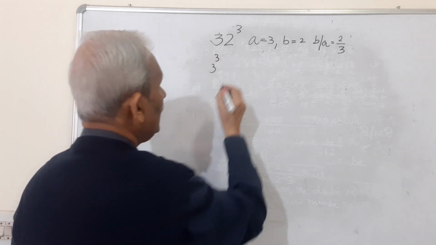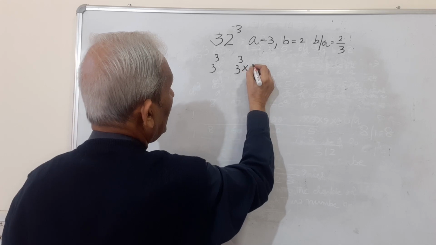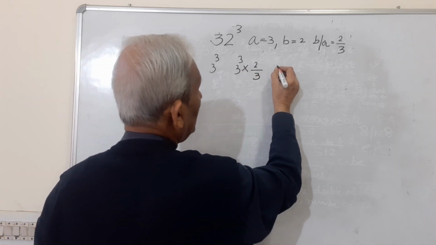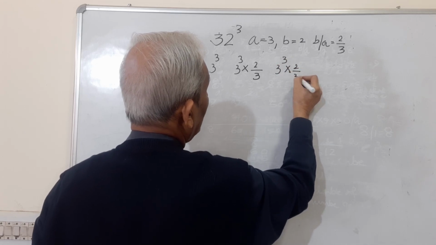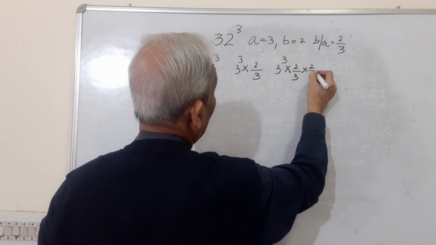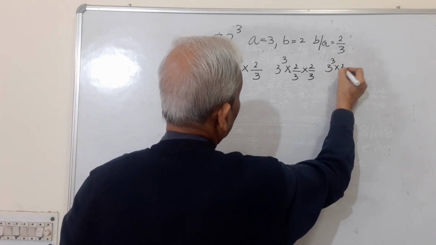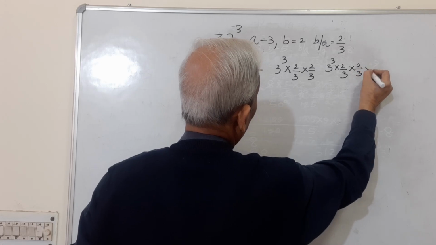Then 3 cube into b by a, 2 by 3. Then 3 cube into 2 by 3 into 2 by 3, 2 times. Then 3 cube into 2 by 3 into 2 by 3 into 2 by 3.